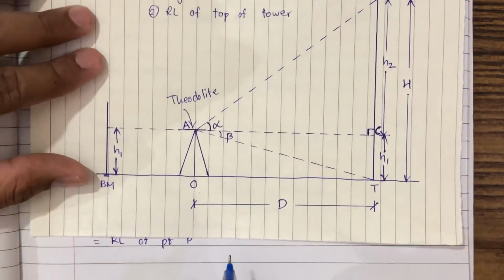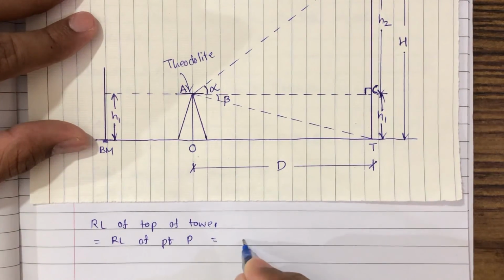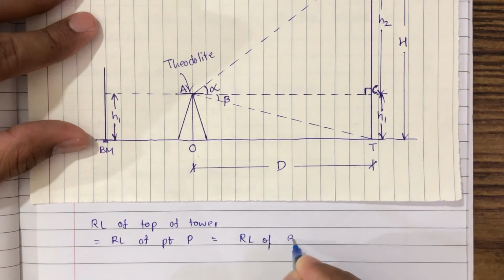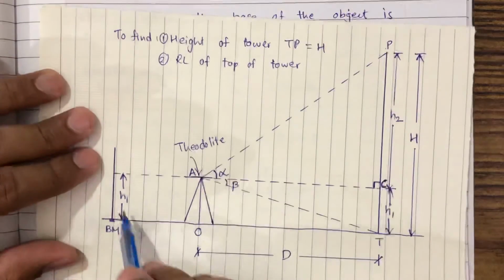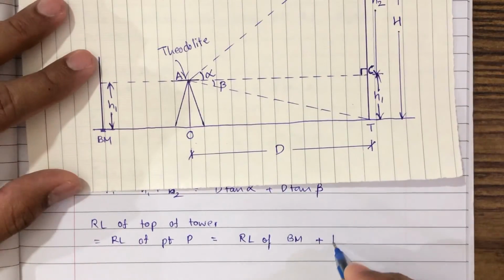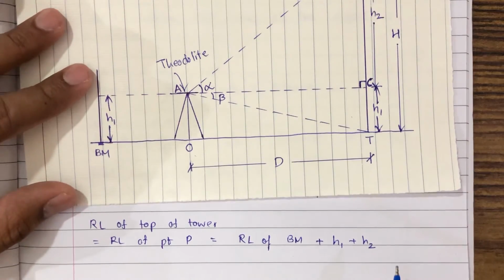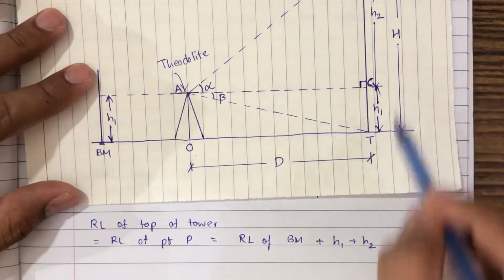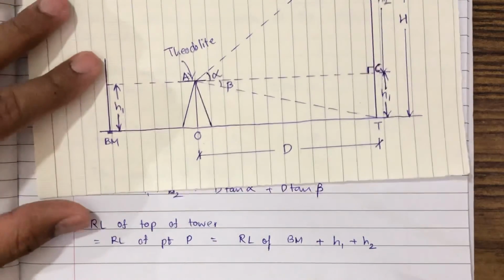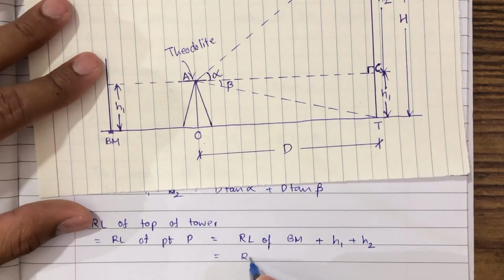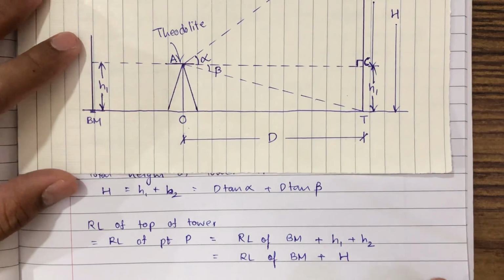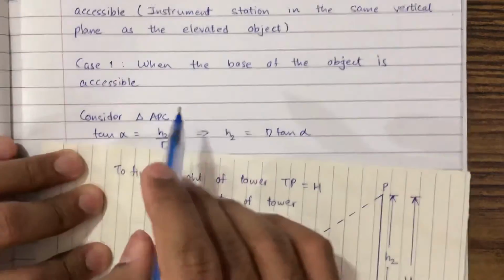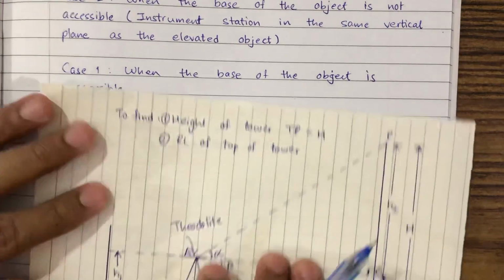But H1 plus H2 is equal to the total height itself. So the RL of point P will be equal to the RL of benchmark plus the total height H. So this is the simplest case, when the base of the object is accessible.